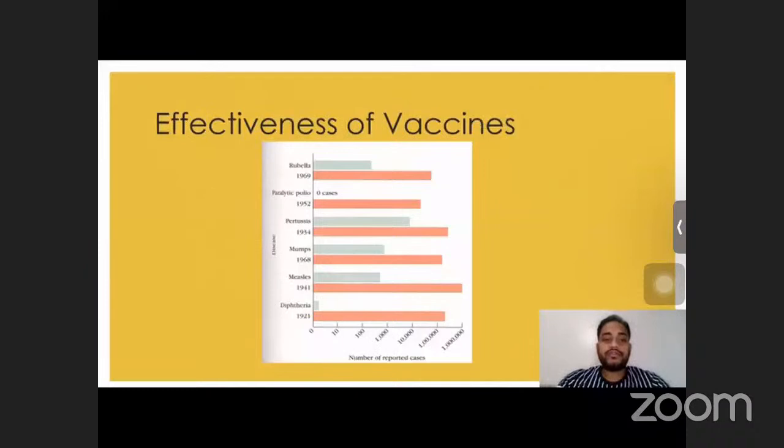Here is a graph showing how vaccines work in different kinds of disease. Here we can see the effectiveness of vaccines.